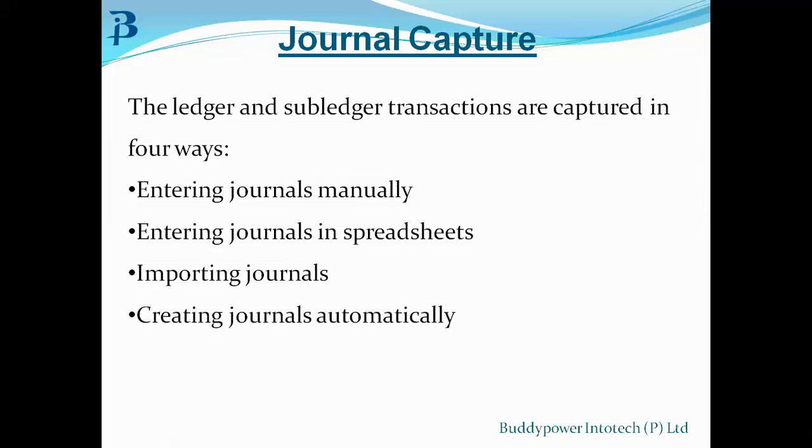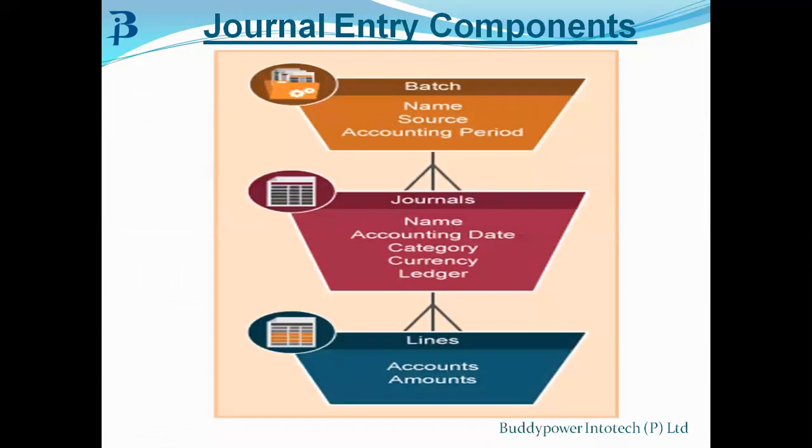Okay, fine. So let's move ahead to the next slide, which is the journal entry components. Without journal entries, your ledger isn't going to work at all, right? Journal entries are those handy tools that post accounting balances to the ledger for reporting and analysis.